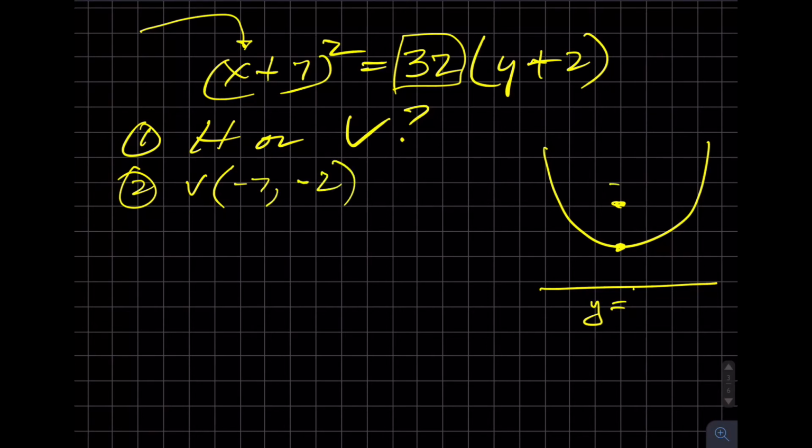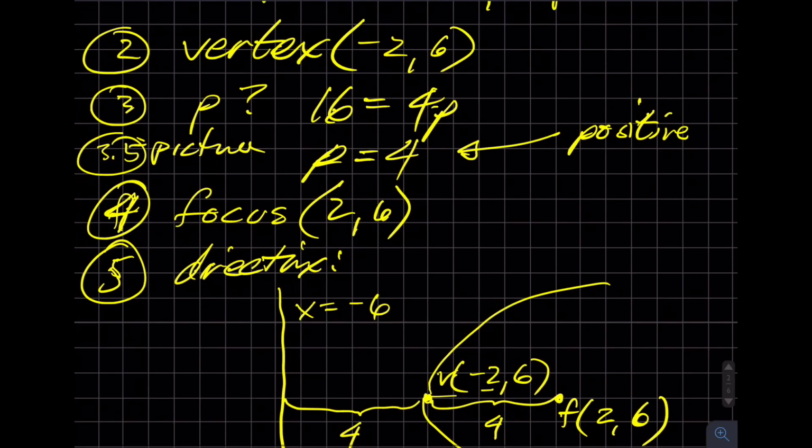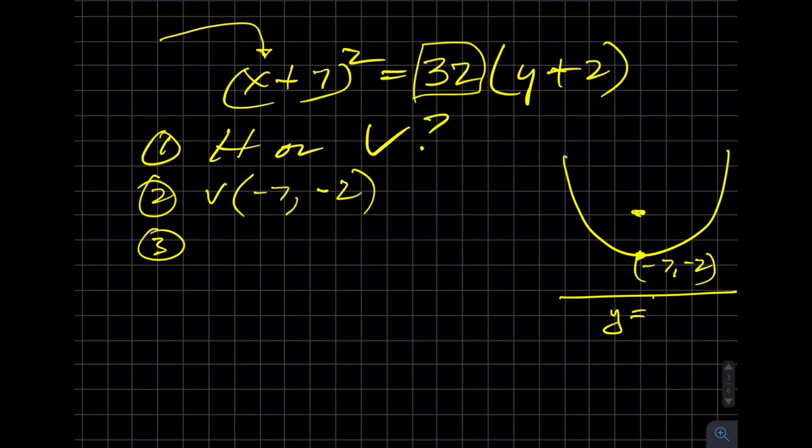And then 3 was figure out what the p-value is. P is equal to what? So that's 32 equals 4p. So p is equal to 8. And so the distance from here to here is 8, and the distance from here to here is 8.